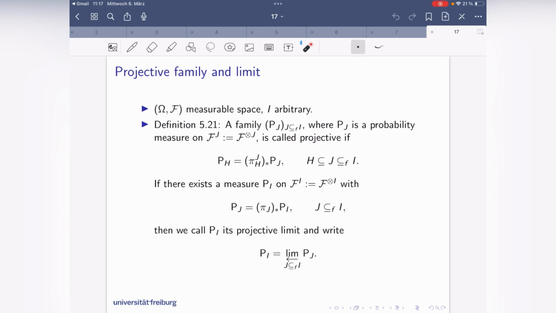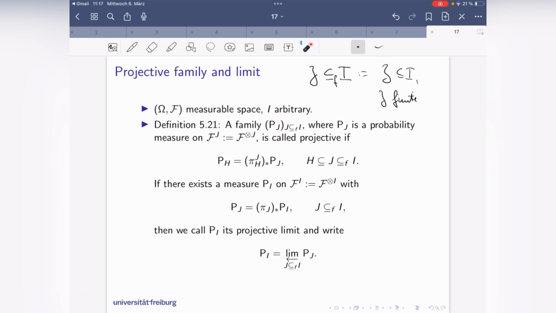Projective limits are based on projective families. A projective family only requires finite products, because, recall, J is a subset of I, and the index F here means J is a subset of I and J is finite. And what this projective family does is it has all these PJs.